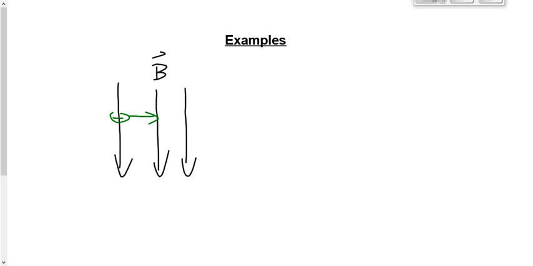My thumb points in the direction of the moving charge. Point my thumb to the right. My fingers will point in the direction of the external field, which is toward the bottom of the page. Which way does my palm point? Out of the page. Now for me, for my page, which is vertical, it's pointing this way, right? For you, whose page is horizontal, it's pointing this way, right?